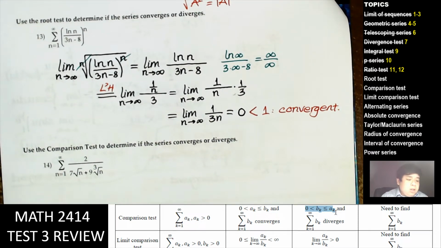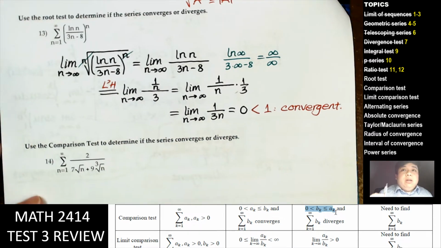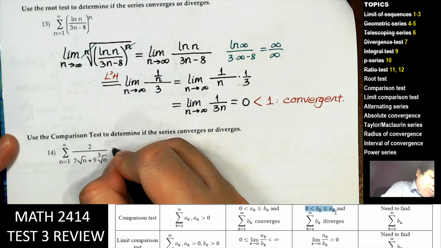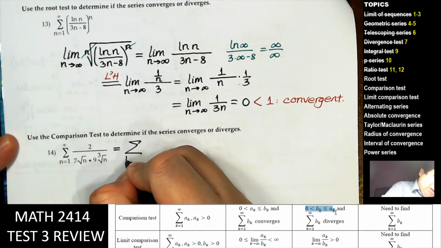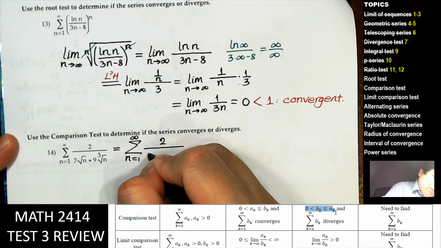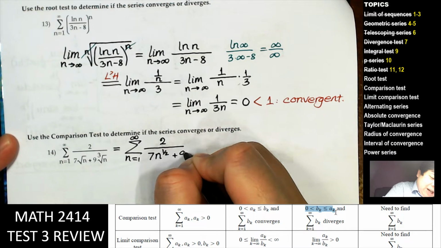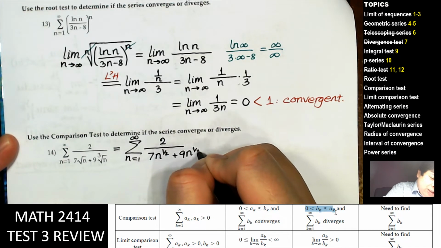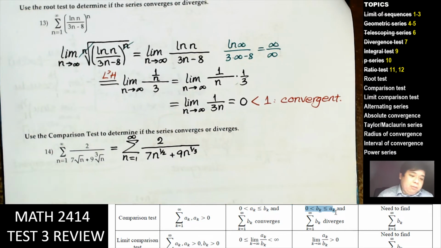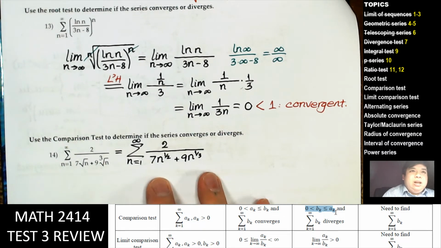So first, when we look at this, again, remember, let's put this as a rational power: n to the 1/2 and 9n to the 1/3. Kind of like a polynomial here, the highest power matters, so we just take the highest power.